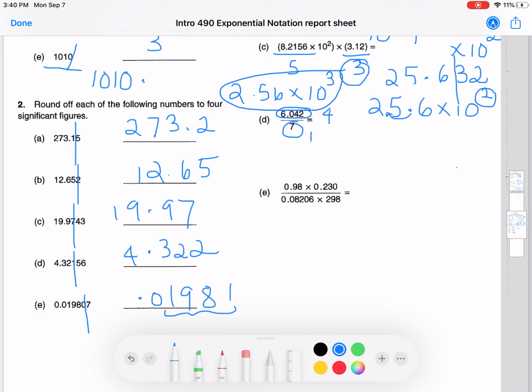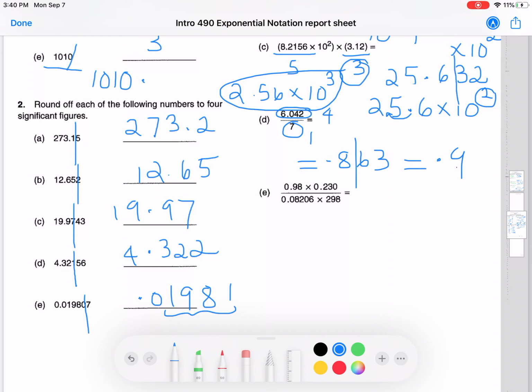How many here? 1. So you have to keep your answer in one significant figure. So your answer is like 0.863. You want to keep it in one significant figure, so then it would be 0.9. So 7 being the one significant figure.